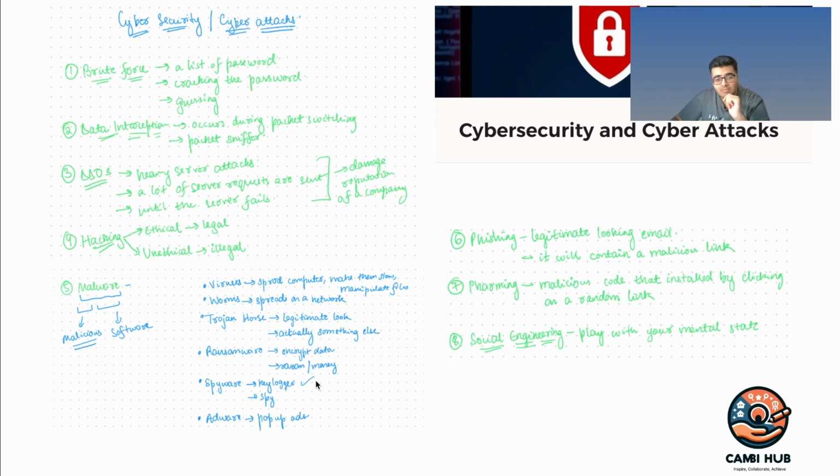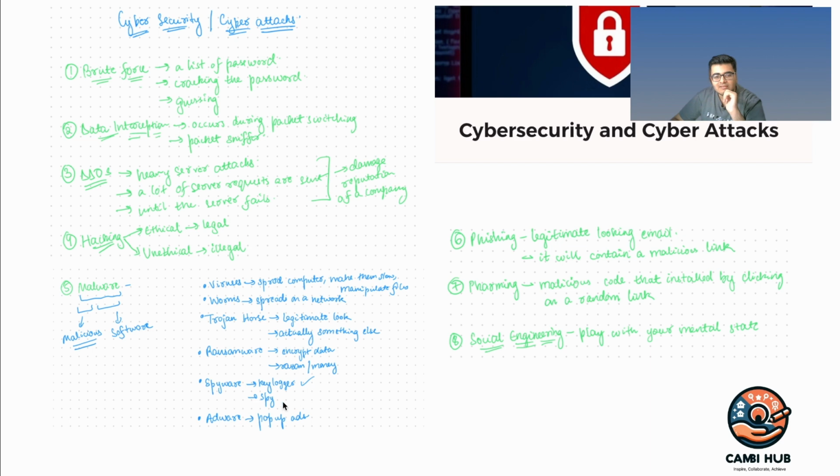Ransomware is when a hacker encrypts your information, locks your files, and asks for a ransom, for money. If you want your files decrypted and you don't want to lose them, you have to pay some amount of ransom, and still there is no guarantee that they will give them back to you.